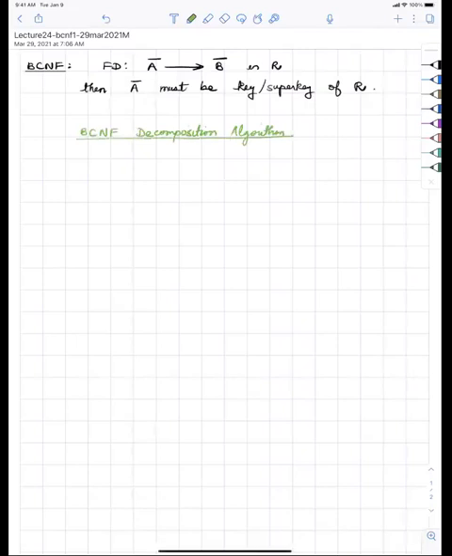So similar to third normal form, the input is a table R with all the attributes and the set of FDs on R. And the output of the algorithm is a set of relations that are in Boyce-Codd normal form, where you can get the original relation back by just joining these relations.